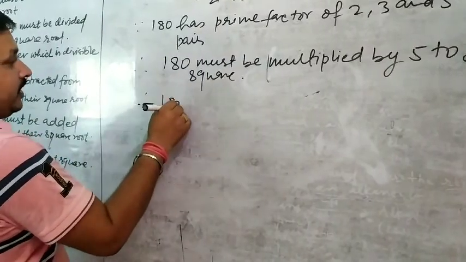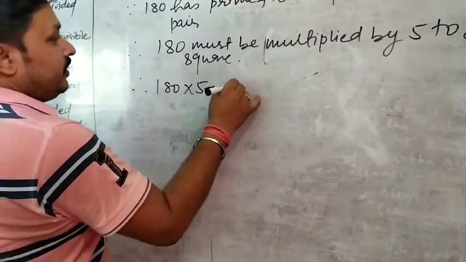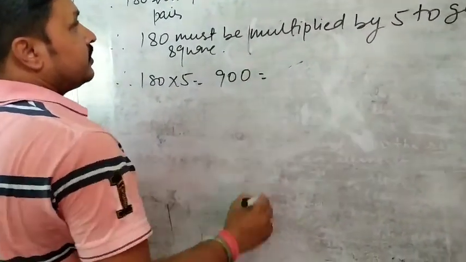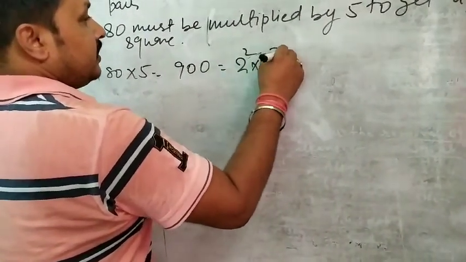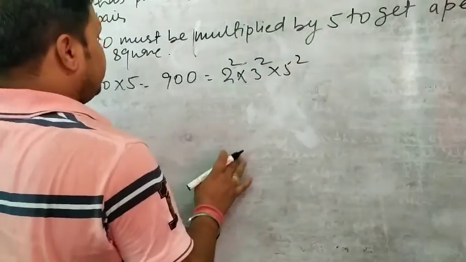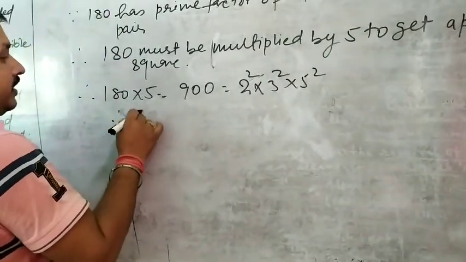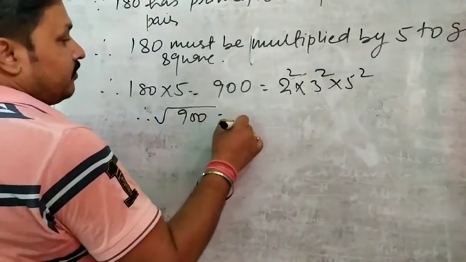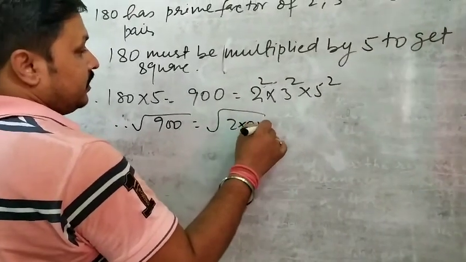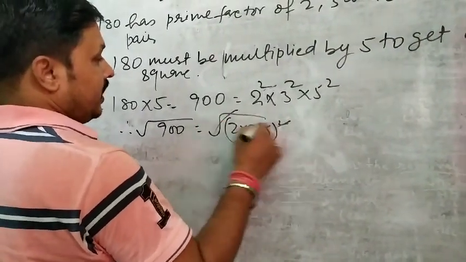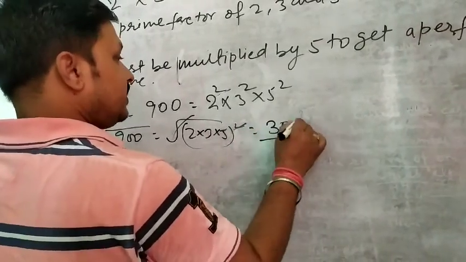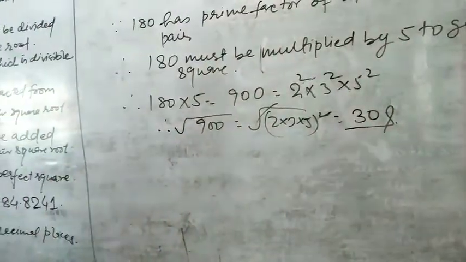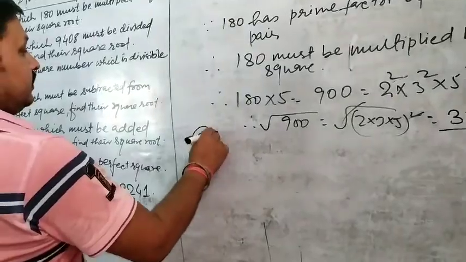So 180 into 5 we get 900. So the factorization is 2 square, 3 square into 5 square. So the square root of 900 equals root under (2 into 3 into 5) the whole square. It's 30.